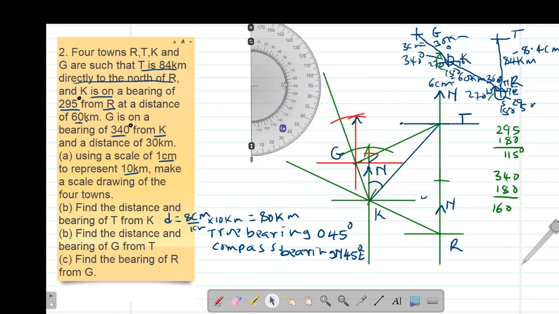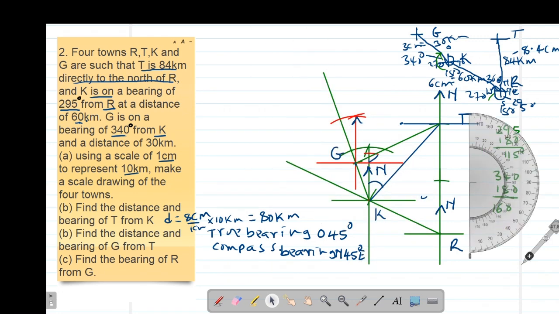So you can use your ruler to measure the distance. For my case, let me just use my pair of compasses. The distance of G from T. So this distance, GT, is here. I can reduce it so that it can fit this.